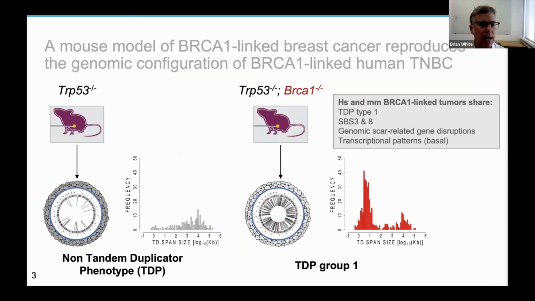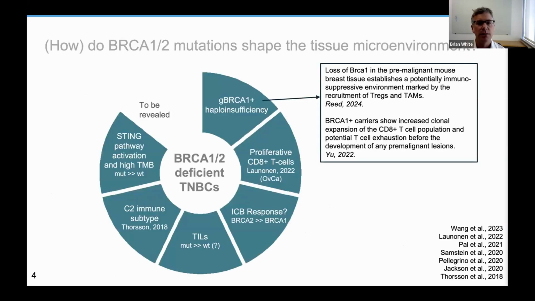And prior work by some of my colleagues in the Edlu lab at the Jackson Lab has shown that BRCA1 knockout, that is a mouse model that doesn't have the BRCA1 gene, recapitulates many of these genomic scars, including the so-called tandem duplicator 1 phenotype that they characterized.